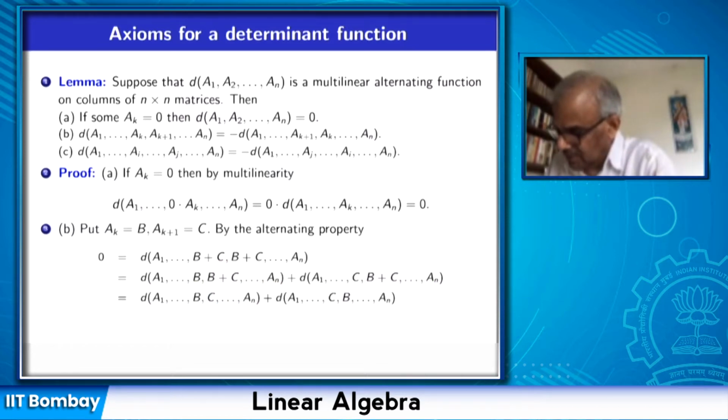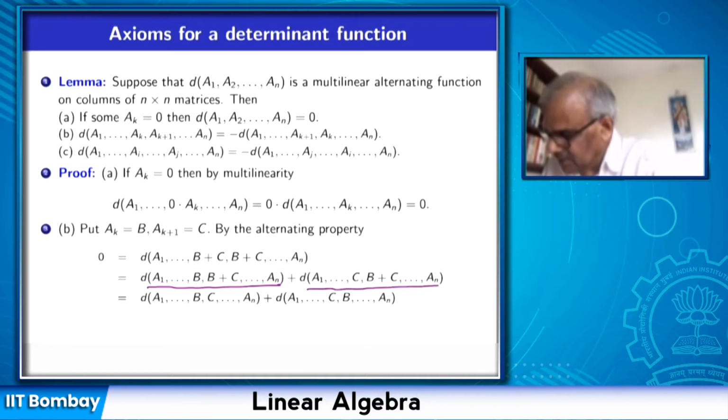Now I will use the multilinear property in the other B plus C. When you split this in the (k plus first) component, you will get a matrix where two column vectors are B and B. That will be 0. And when I use the multilinear property in the other component, you will get D of A1, ..., AK minus 1, C, and then C, and that D will be 0.